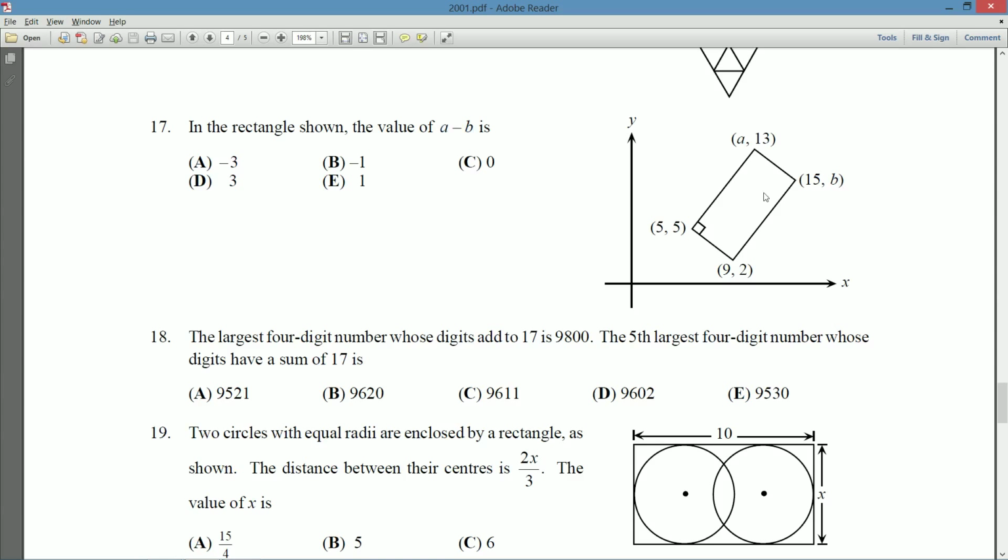There are a couple other ways to do it, and the way I'm going to show you is, because it's a rectangle, the line between (5, 5) and (9, 2) and the line between (a, 13) and (15, b) are parallel and they have the same length, which means they'll have exactly the same rise over run. So our instinct is maybe to figure out the slope and then the line. All we need is really to figure out the rise over run.